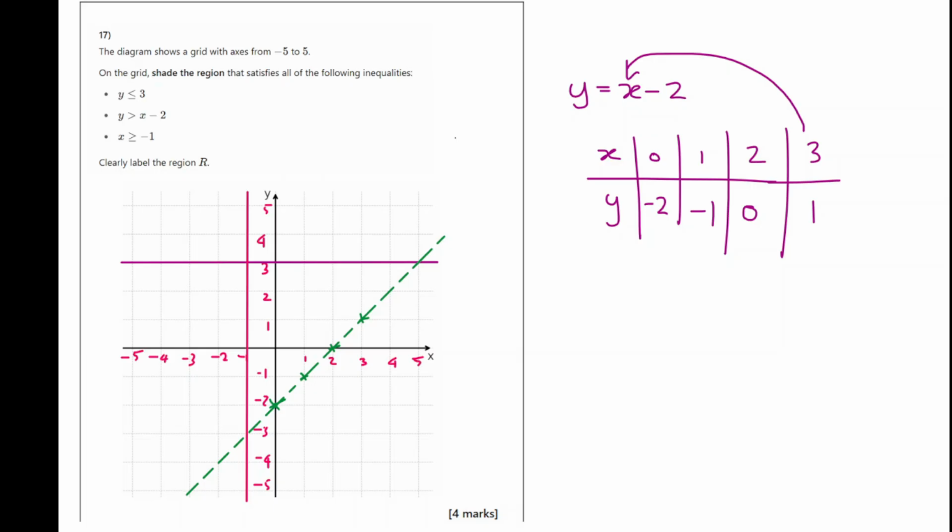And y is more than x minus 2, so above this dashed line here. And x is more than negative 1, so to the right of this line here. Now you can clearly see this is the region that we should call R. So this is the shaded region.